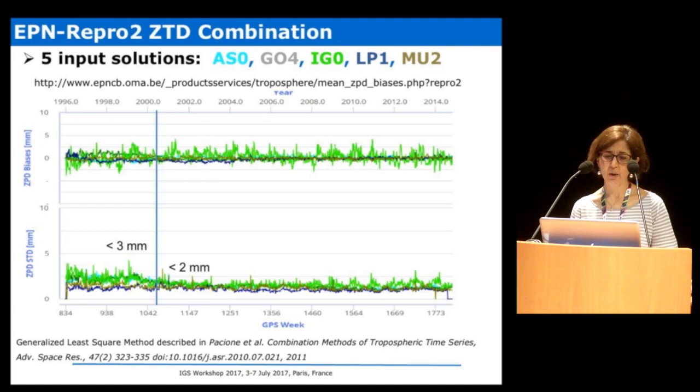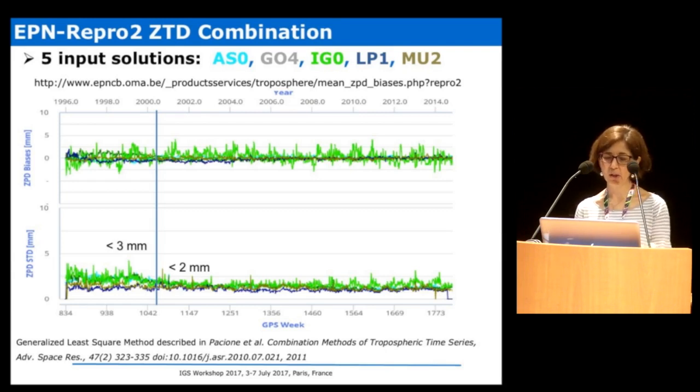Then, in agreement with the EPN analysis center coordinator who was responsible for the combination of the site coordinates, we chose 5 input solutions, and only those solutions carried out with the Vienna mapping function. So the Vienna mapping function is common to all these contributing solutions.